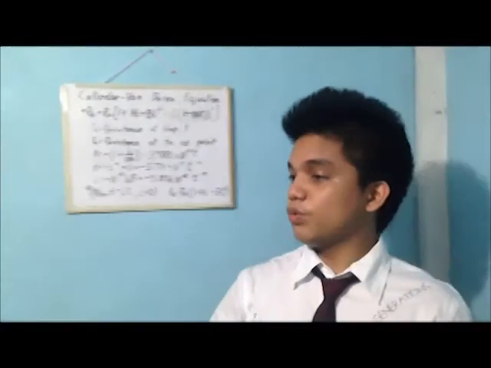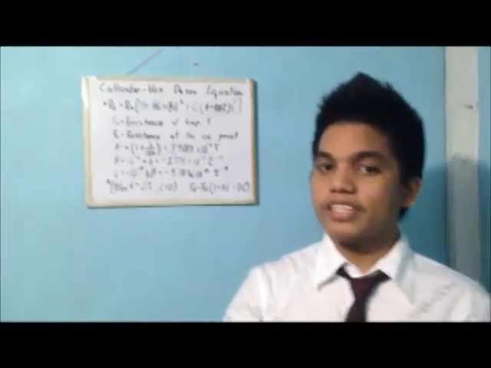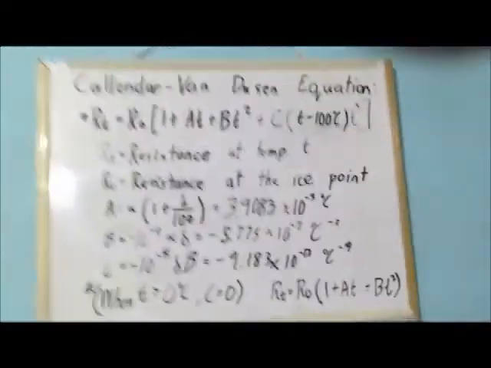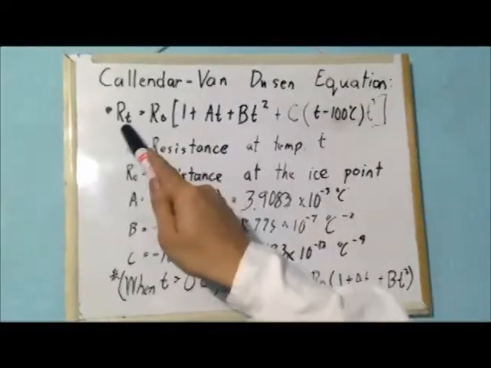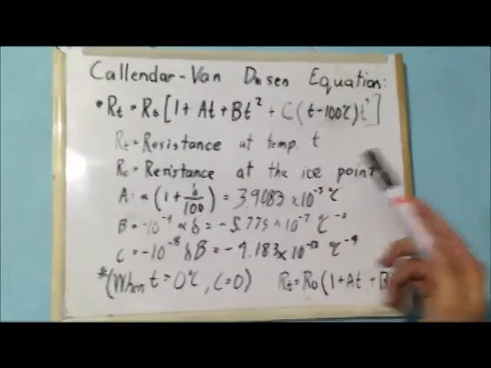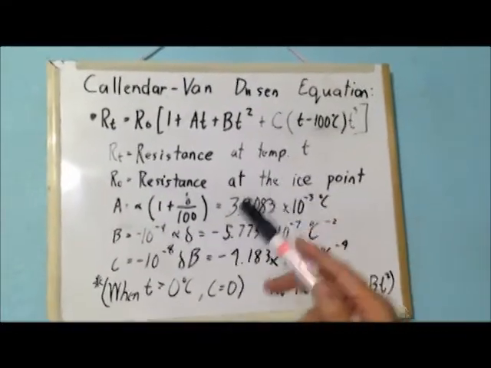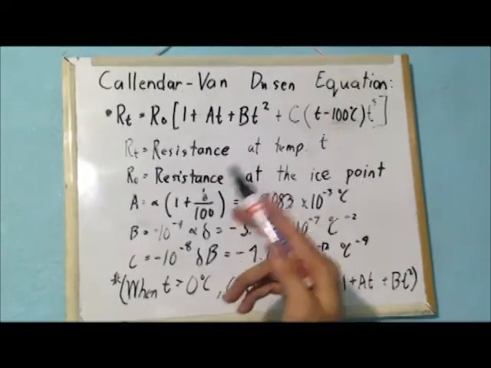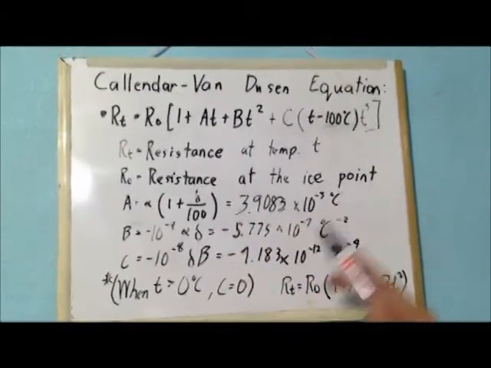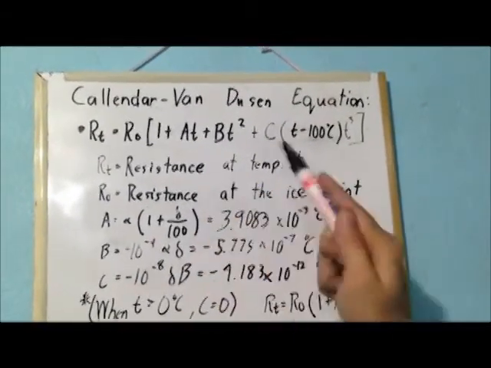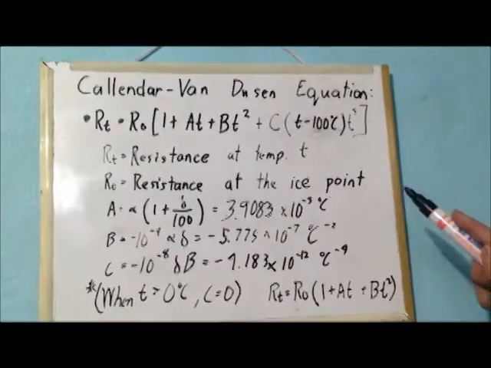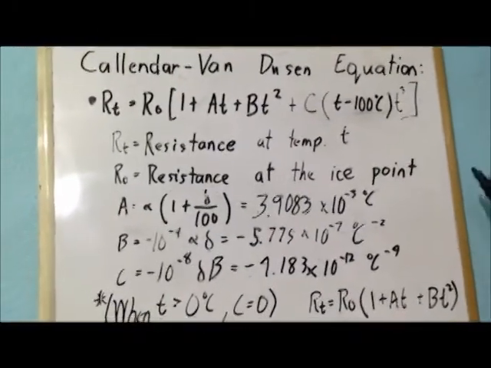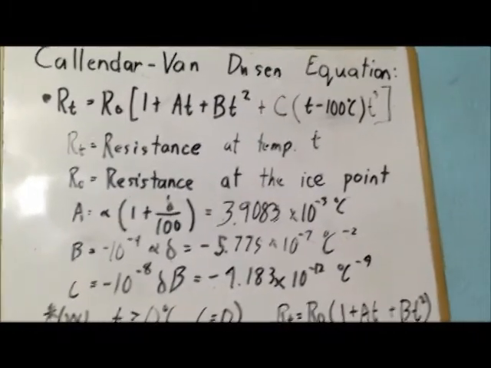The relationship between resistance and temperature can be approximated by the Callendar-Van Dusen equation, which is RT, the resistance at temperature T, equal to R0, which is the resistance at the ice point, multiplied by 1 plus AT plus BT squared plus C(T minus 100 degrees Celsius) multiplied by T cubed.